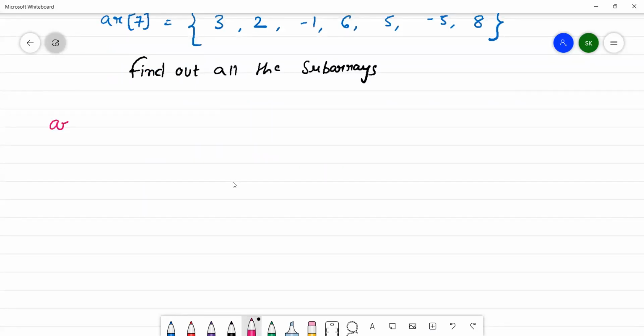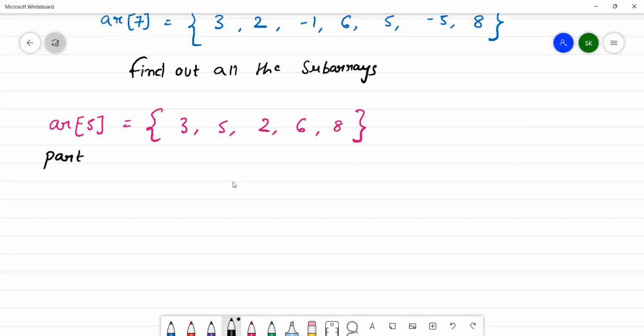I will take a very small example of, let's suppose, an array of 5. A subarray is nothing but a part of your main array. If I write 3, just 3, it is a subarray of this given array.